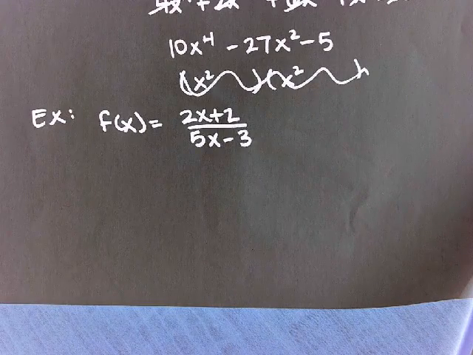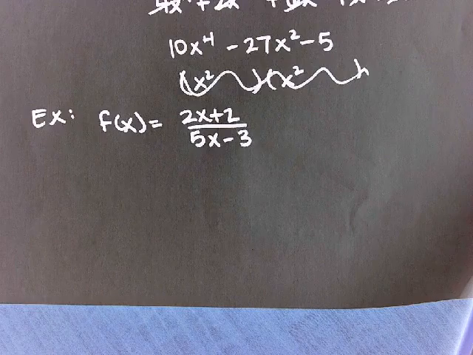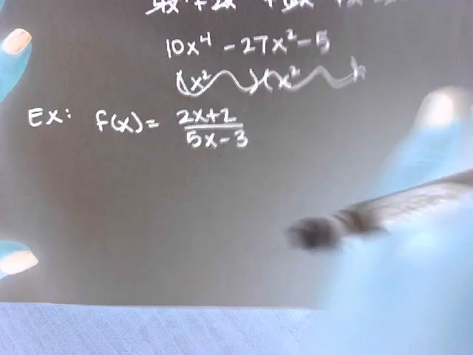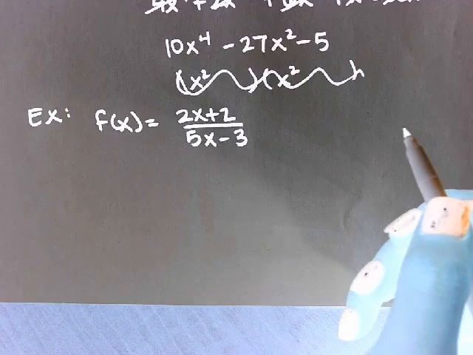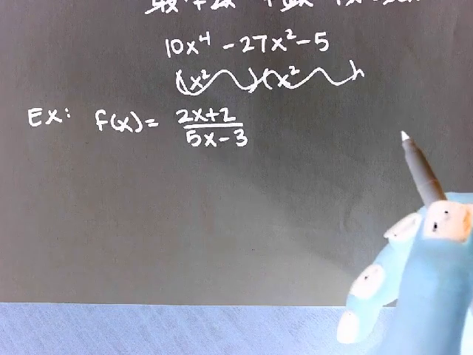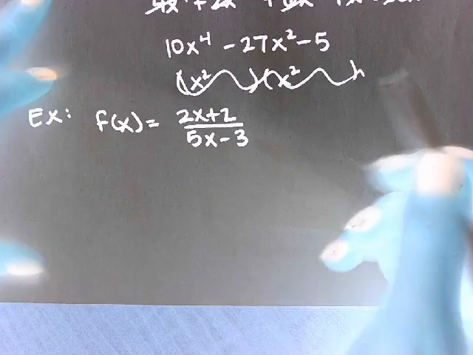Okay. So what's the little saying? Low D high minus high D low over low squared. Do you understand what I mean by that? Low D high.